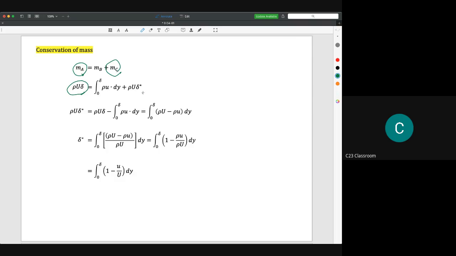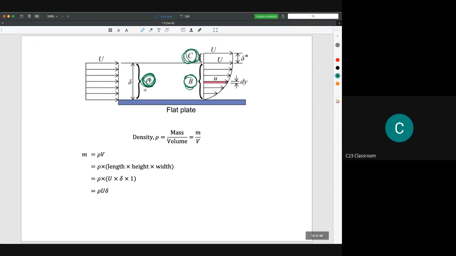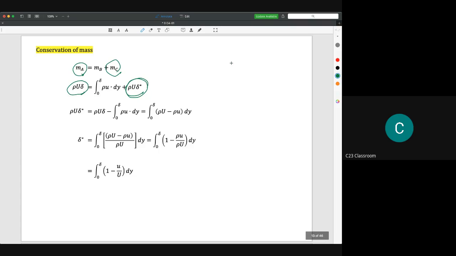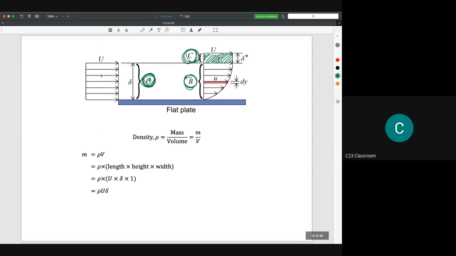It is equal to rho U delta star, since the area is only a rectangular shape. So the problem is how to calculate the mass for area B.